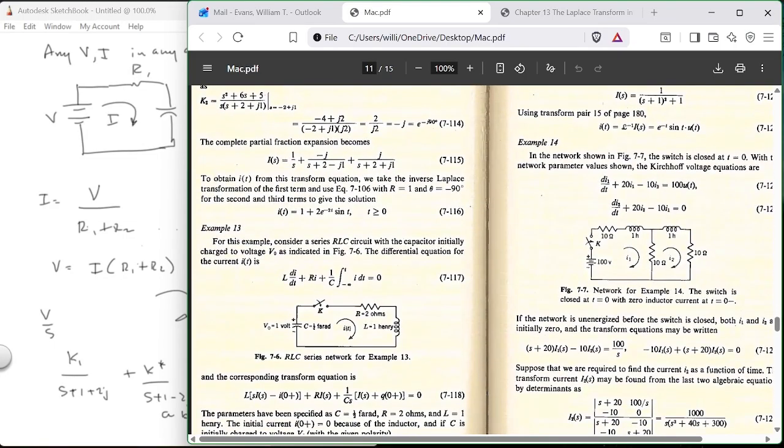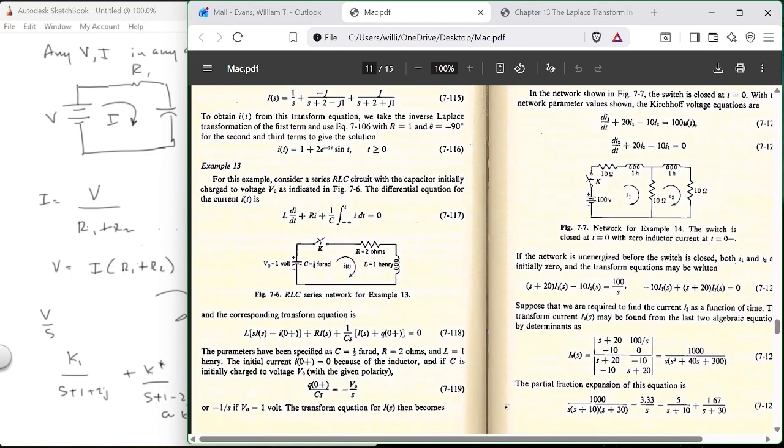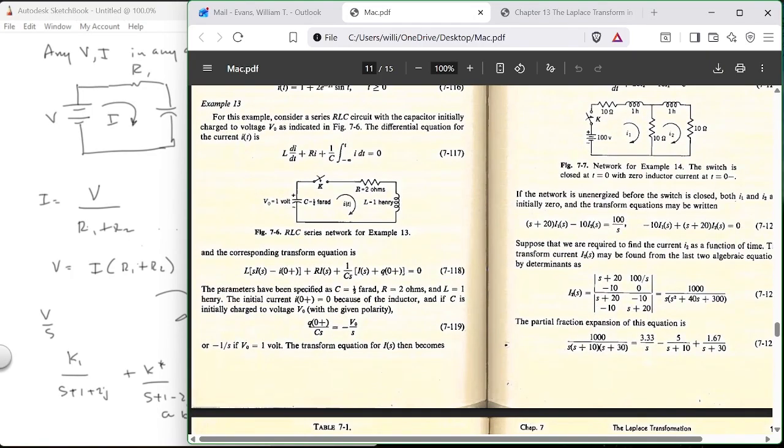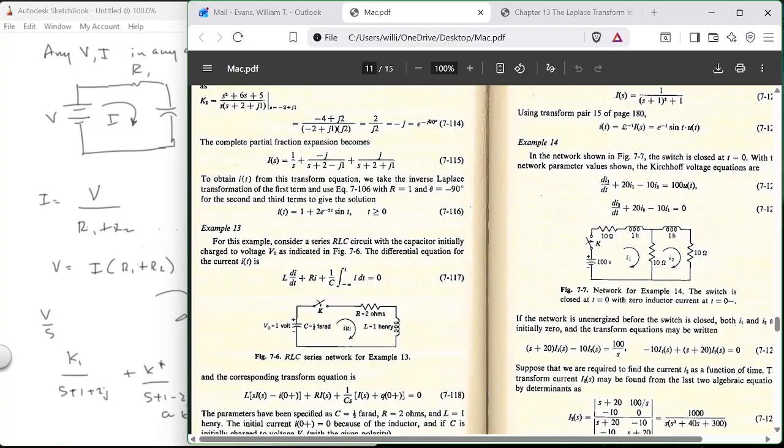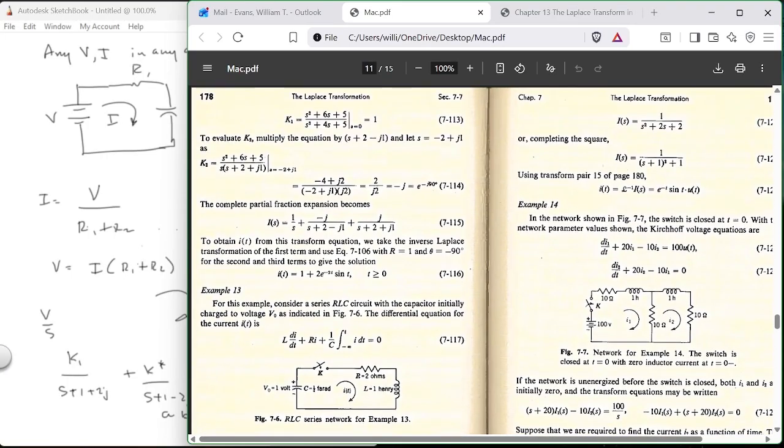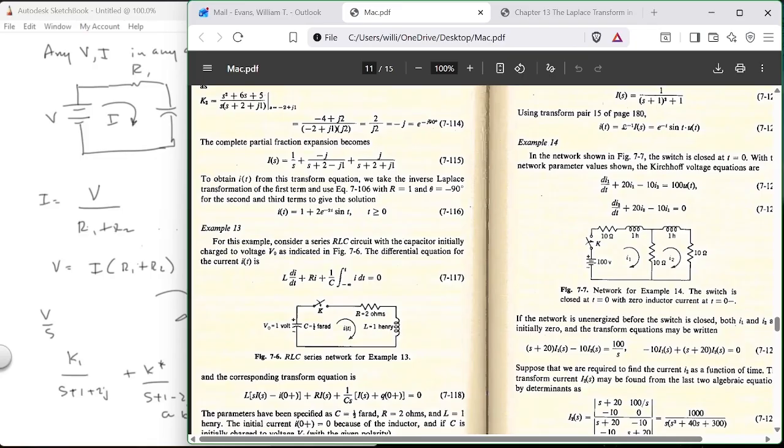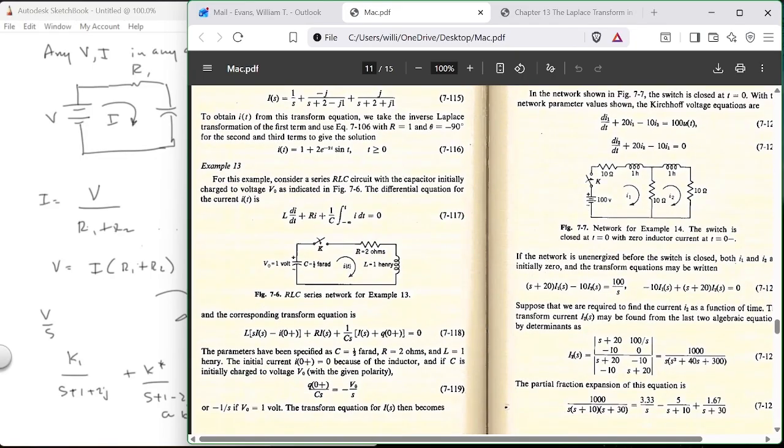Well, you say right here, I times s squared plus 2s plus 2 is the value of that right there.